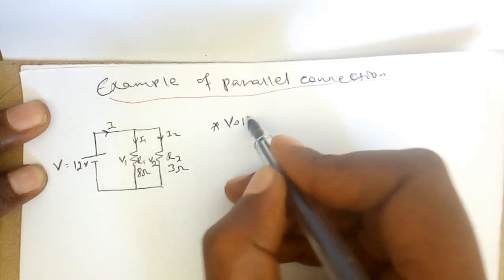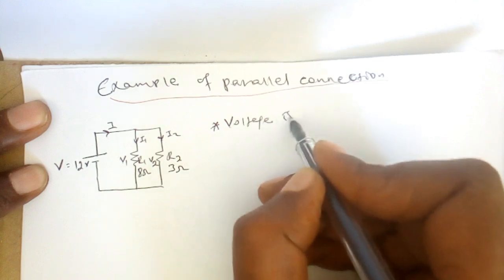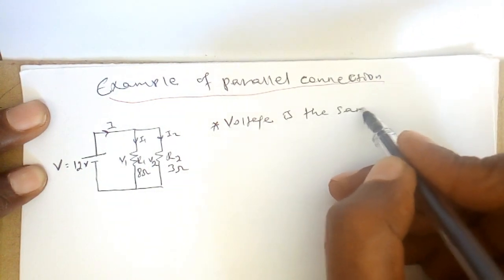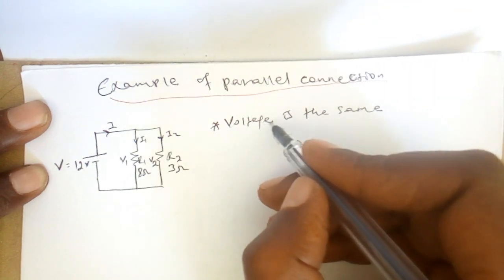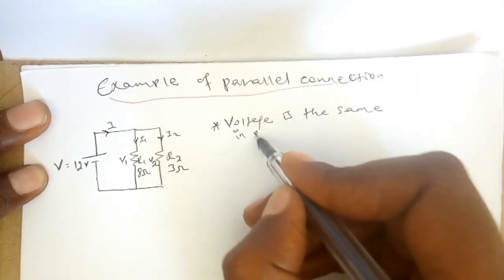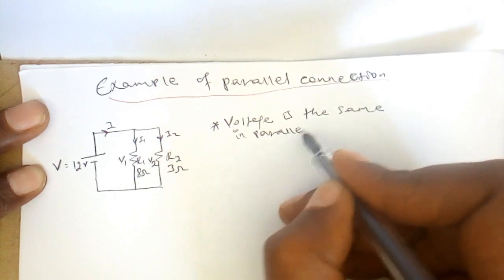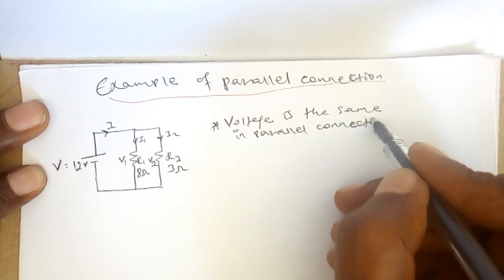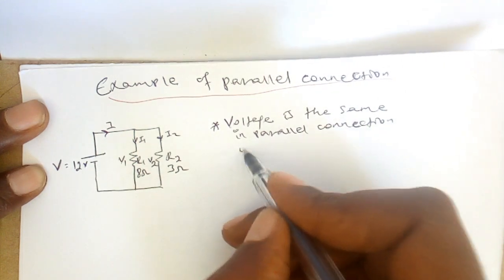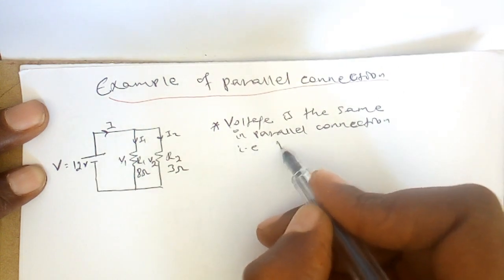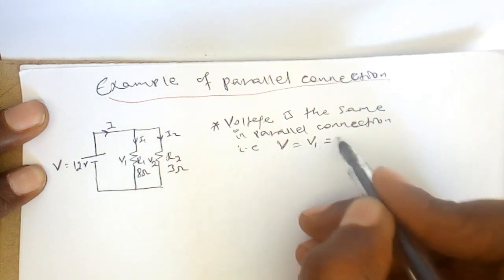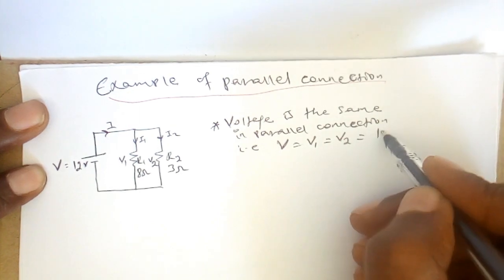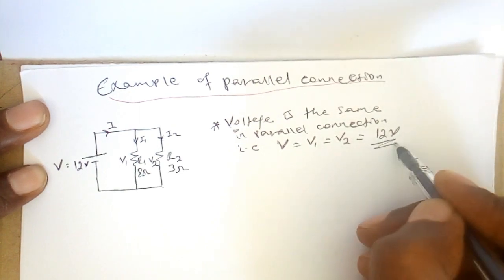First, the voltage is the same in parallel connection. In a parallel system the voltage is the same: V is equal to V1 is equal to V2 is equal to 12 volts.